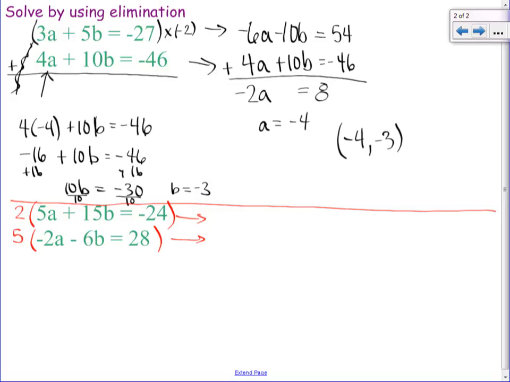All right, so if we multiply this through, got 10a, 30b, and -48. Here's -10a minus 30b, and this is 140. So what do we get on the left?